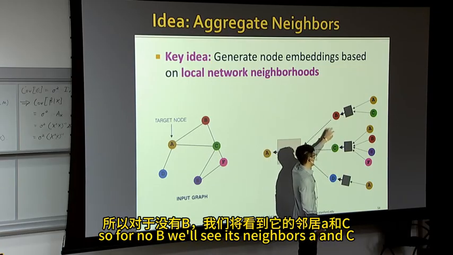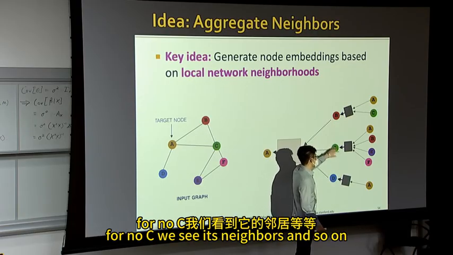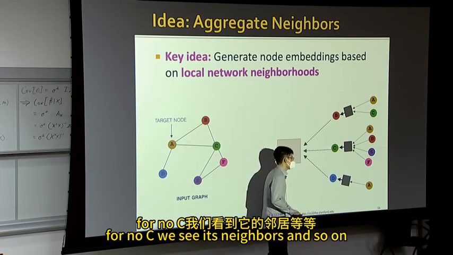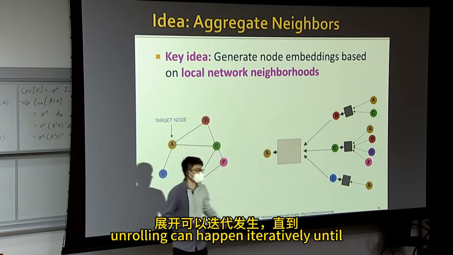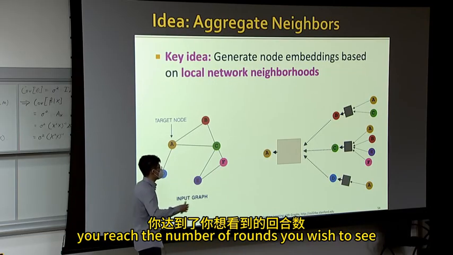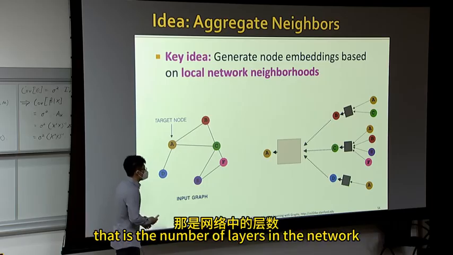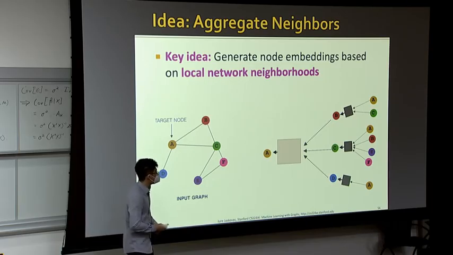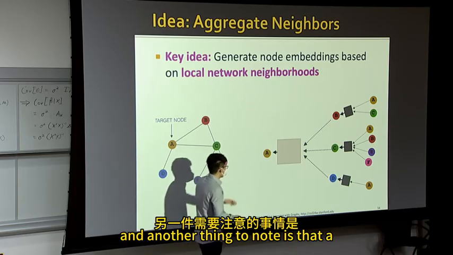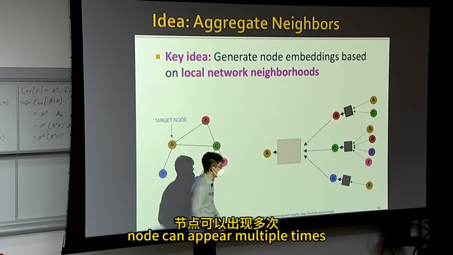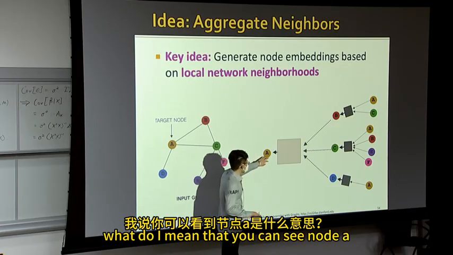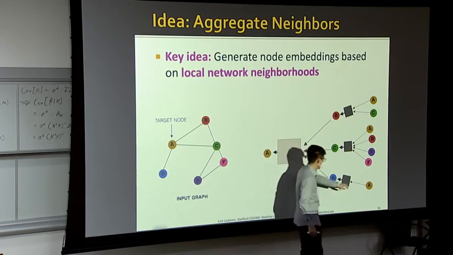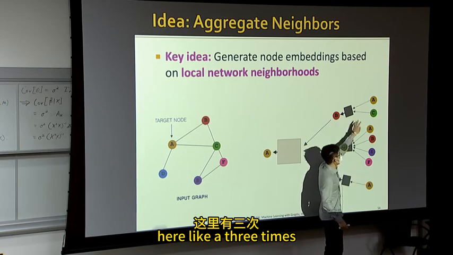So for node B, we will see its neighbors A and C. For node C, we see its neighbors, and so on. You can imagine this unrolling can happen iteratively until you reach the number of rounds you wish to see. That is the number of layers in the network. Another thing to note is that a node can appear multiple times in this computational graph. What do I mean? You can see node A also appears here, like A 3 times.